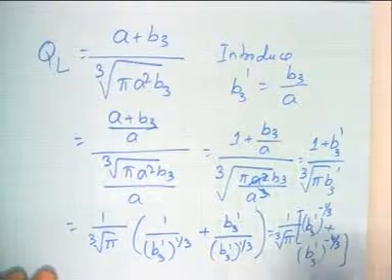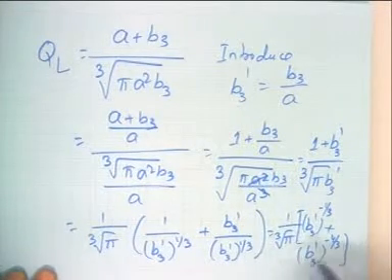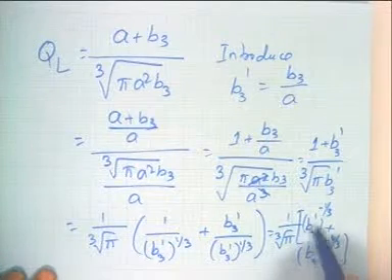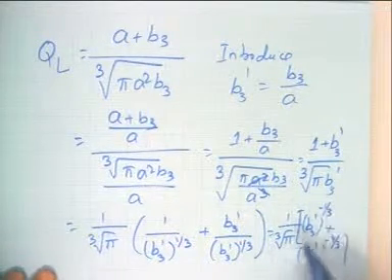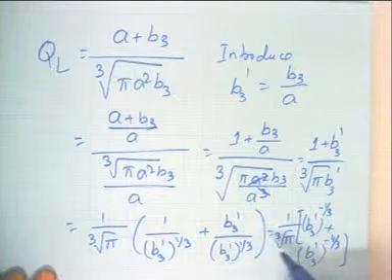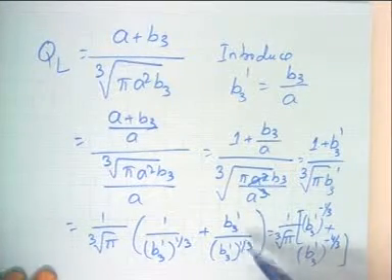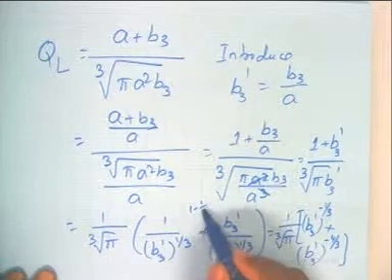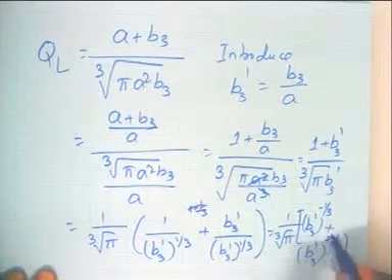So, QL is written as 1 over cube root of pi B3 prime minus 1/3, and this will be 1 minus 1/3, sorry, this will be 2/3.